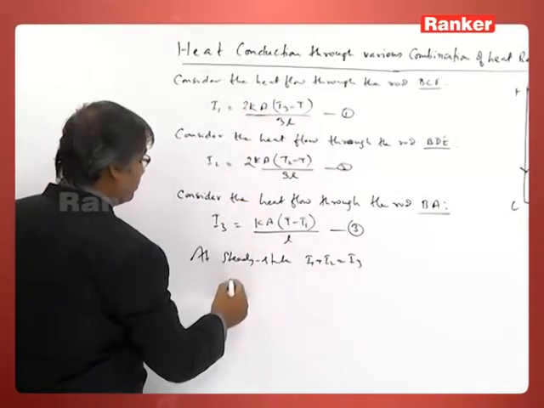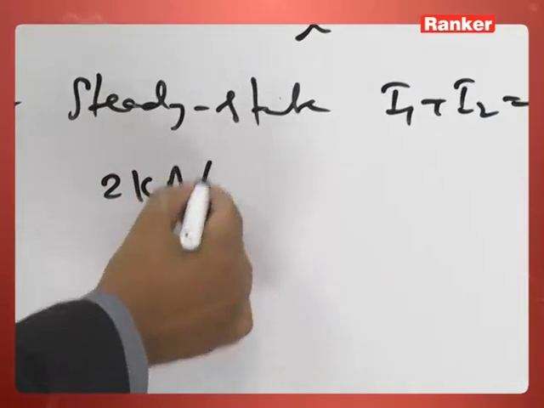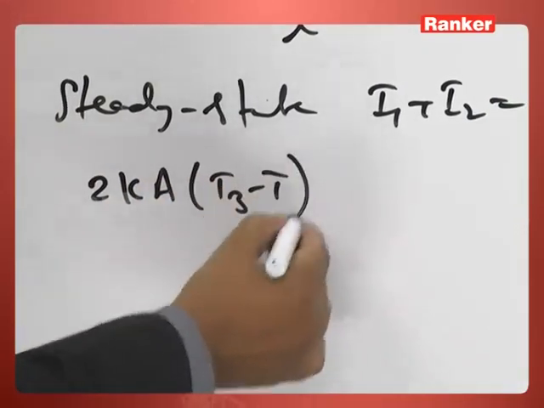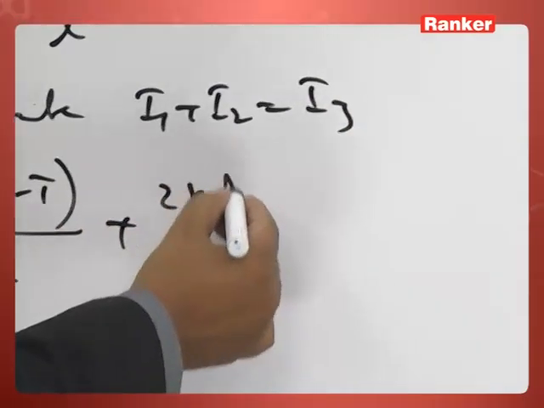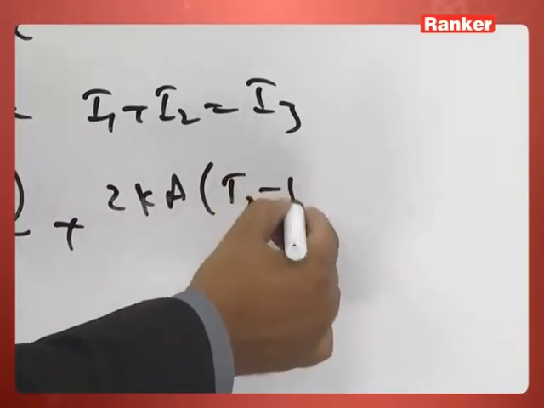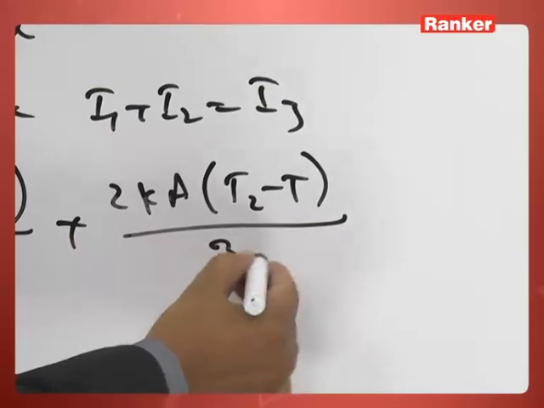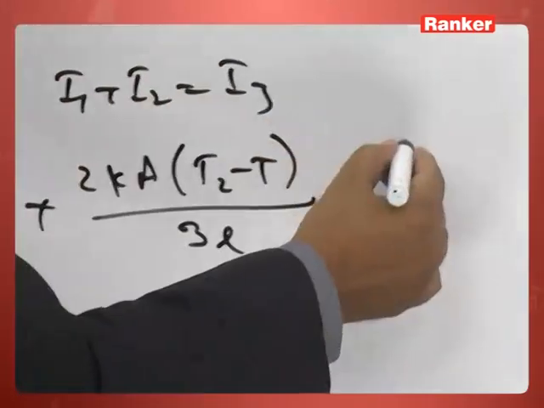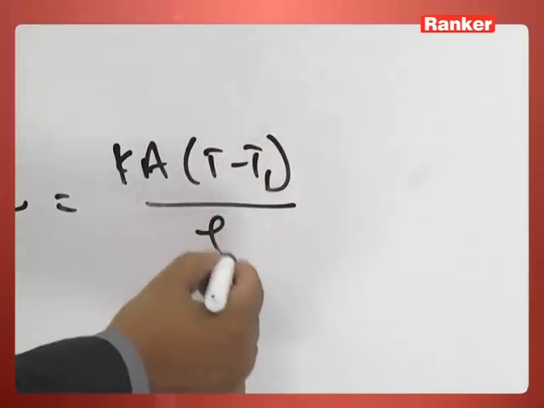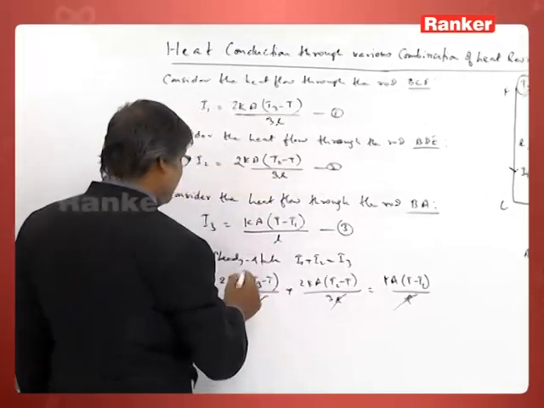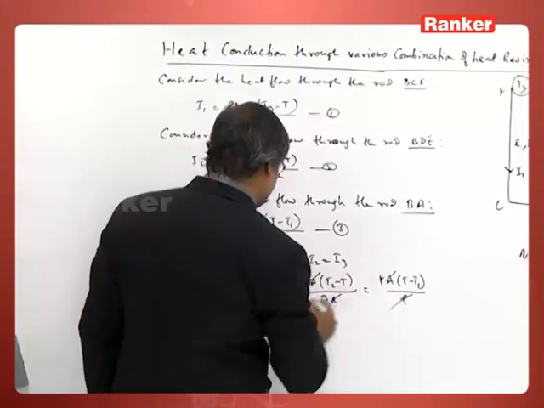So, you add up 2 K A (T3 minus T) by 3L plus 2 K A (T2 minus T) by 3L is equal to K A (T minus T1) by L. So, this L and K A cancel.